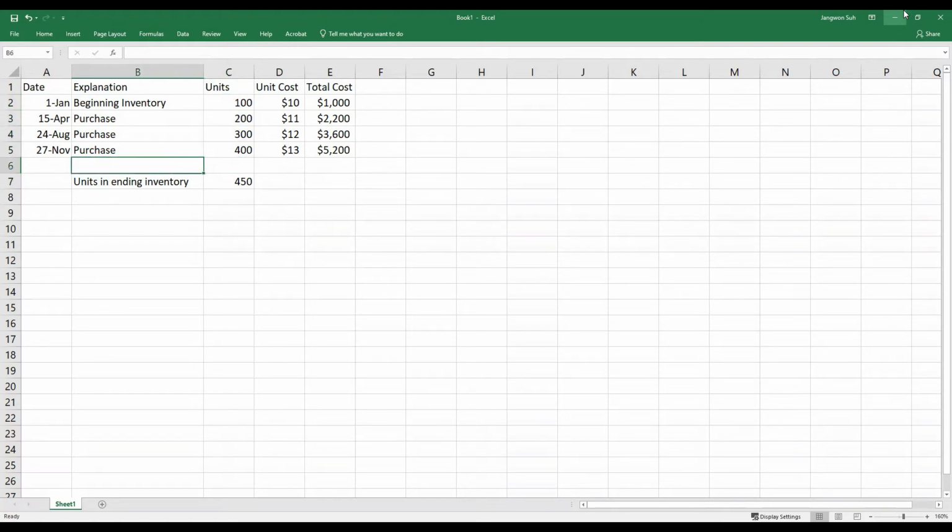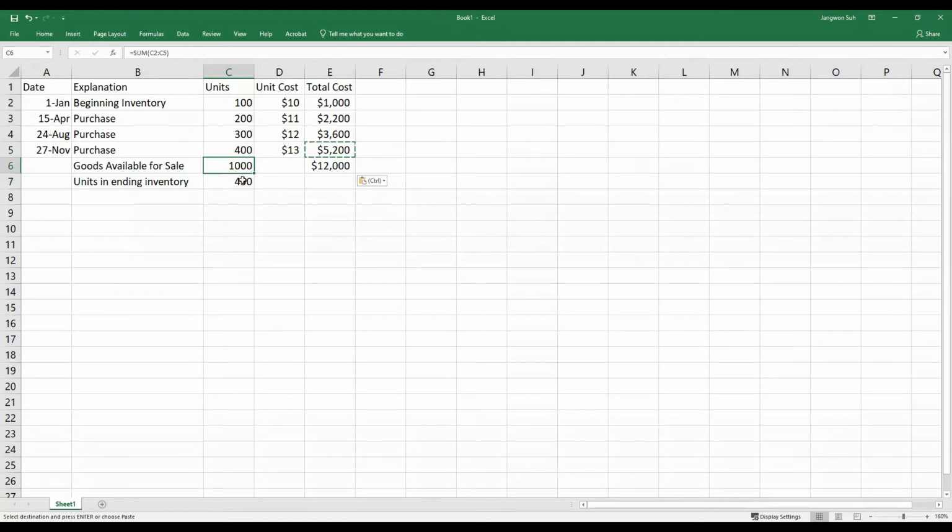Again, goods or units available for sale. We can say that 100 plus 200 plus 300 plus 400, 1,000 were available for sale. Meaning in total a $12,000 value of inventory was available for sale.